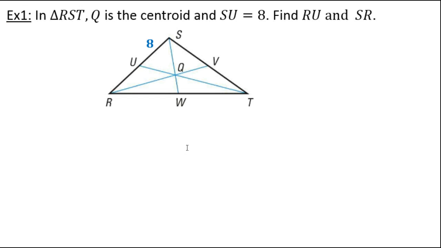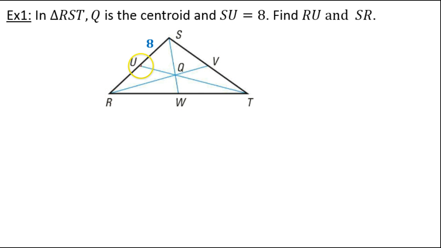So let's look at our first example. Here we have triangle RST, and Q is the centroid. So here is our Q, and SU is equal to 8. It asks us to find what RU is and SR is. RU would be this side of our triangle. If we know this is the centroid, then each of these segments was constructed by midpoints.